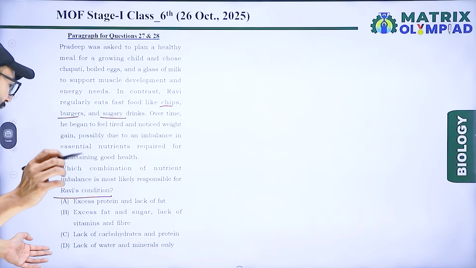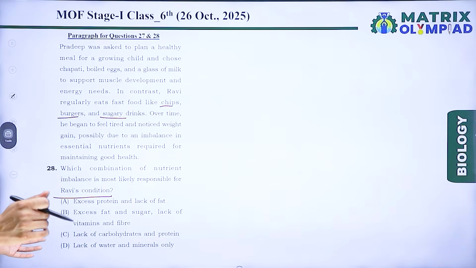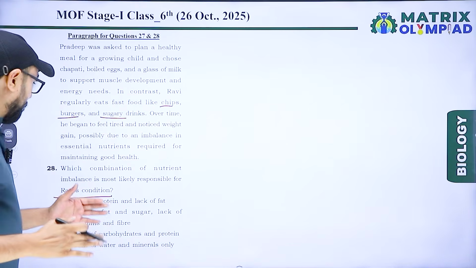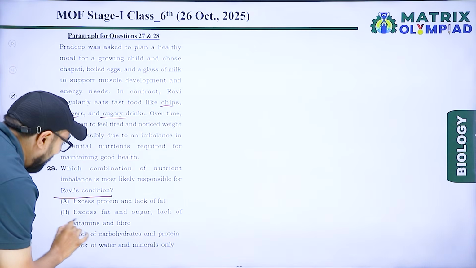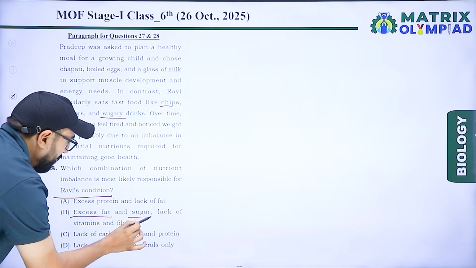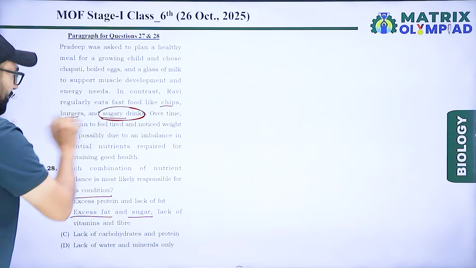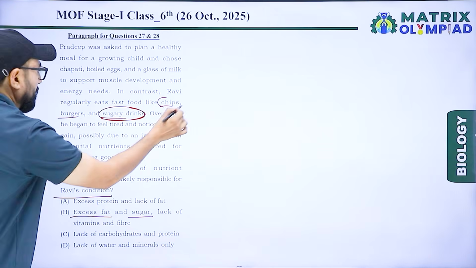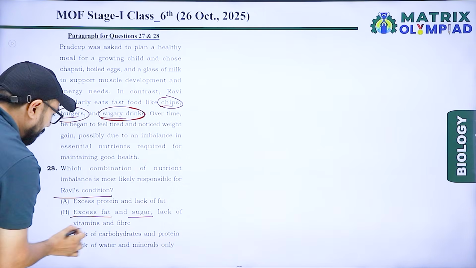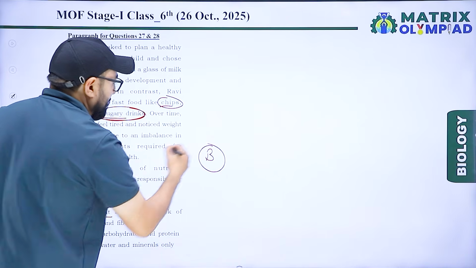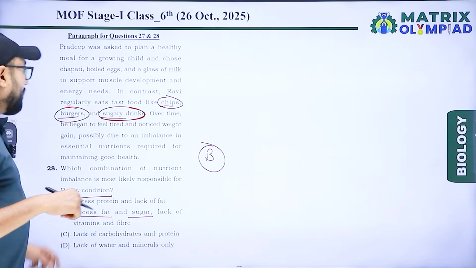Lack of carbohydrate and protein. And lack of water and minerals only. According to Ravi's condition, excess fat and sugar in drinks and burger and chips, and lack of vitamin and fiber. Option B is the right answer for this question.